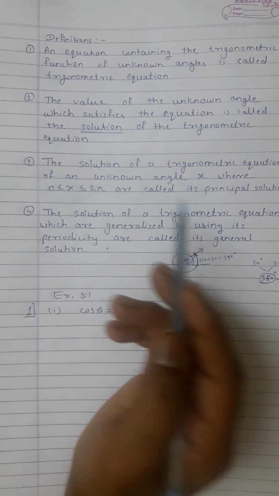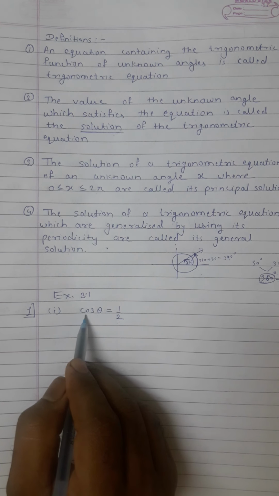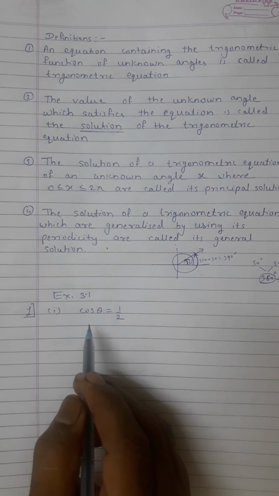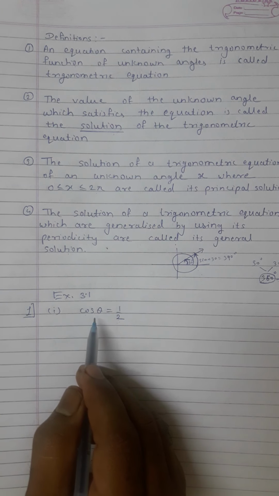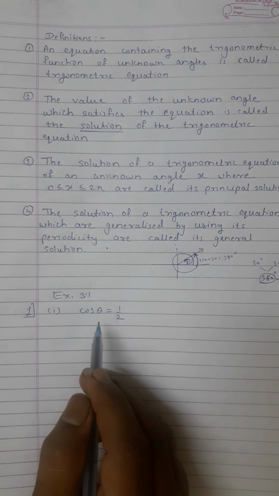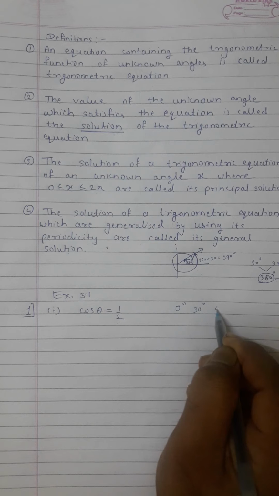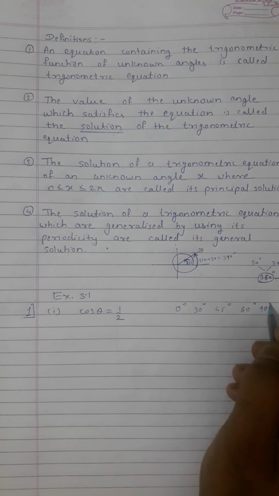Now we know the values of cos for different angles from 0 to 90 degrees. We have even seen the values between 180 and 360 degrees, but initially we will look for the values between 0 degrees and 90 degrees. The standard angles are 0 degrees, 30 degrees, 45 degrees, 60 degrees and 90 degrees.